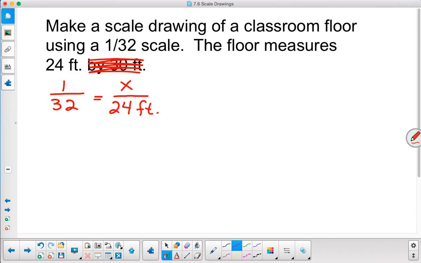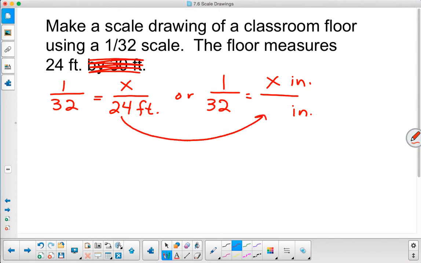If we cross multiply this, we'll be drawing in feet. I'm guessing that we probably need to look at it in inches rather than feet because of the size of a sheet of paper. It's not going to be a lot of feet. So let's go to inches instead. Let's change it: 1/32 equals how many inches over, let's convert now. Let's make the 24 into how many inches it is.